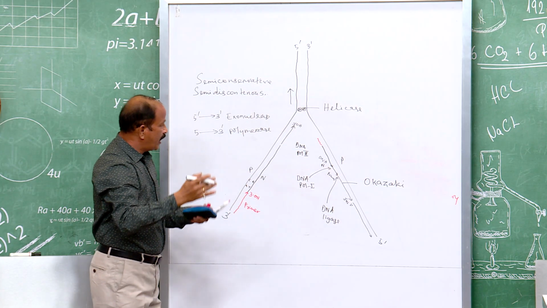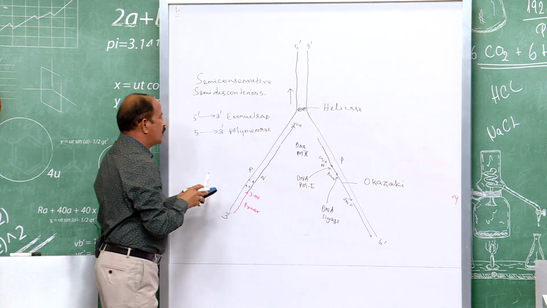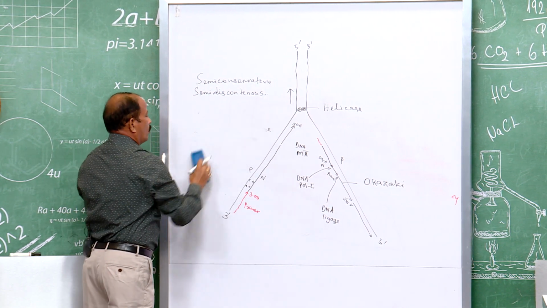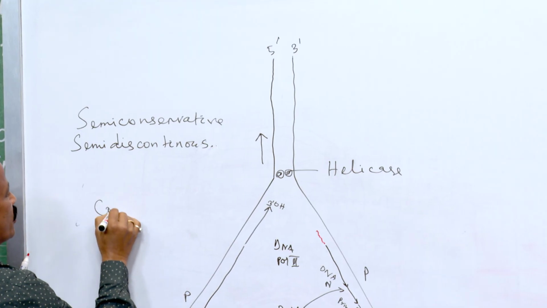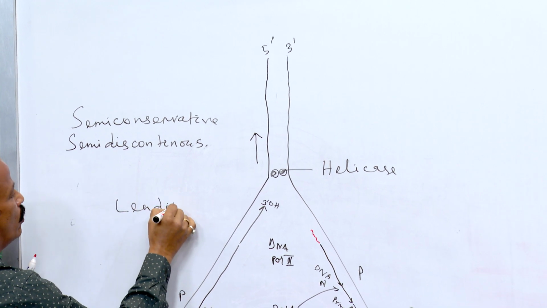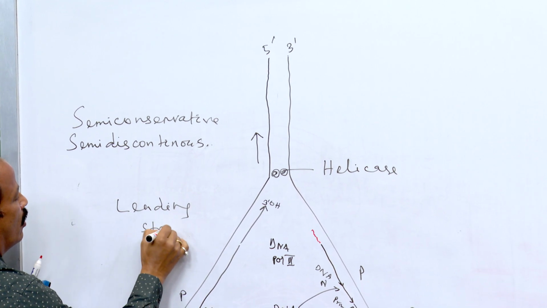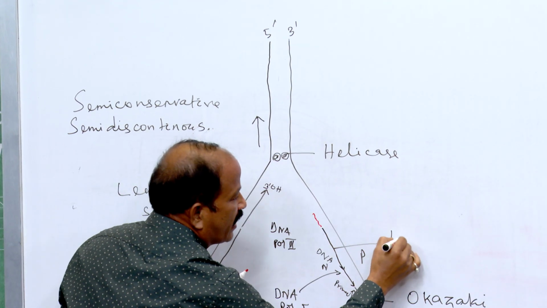Now, I can tell you this continuously synthesized strand is called the leading strand, and this discontinuous strand is called the lagging strand.